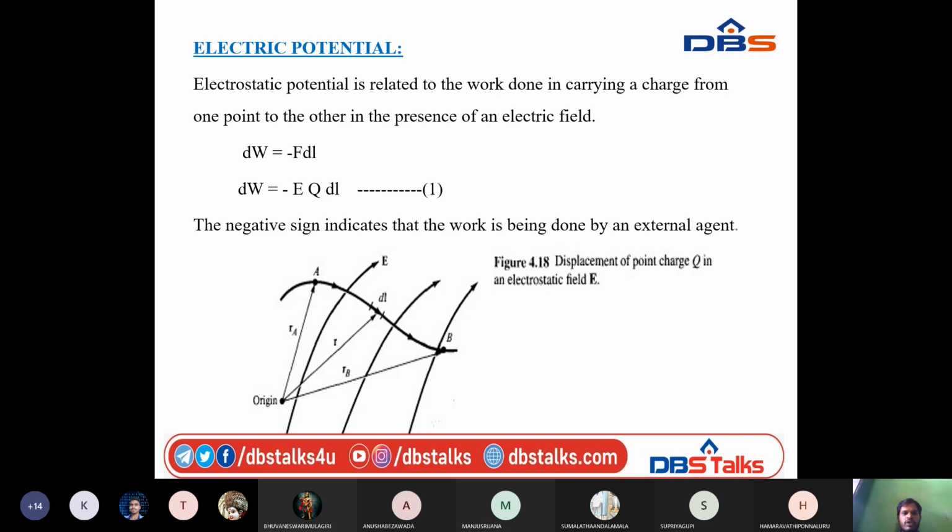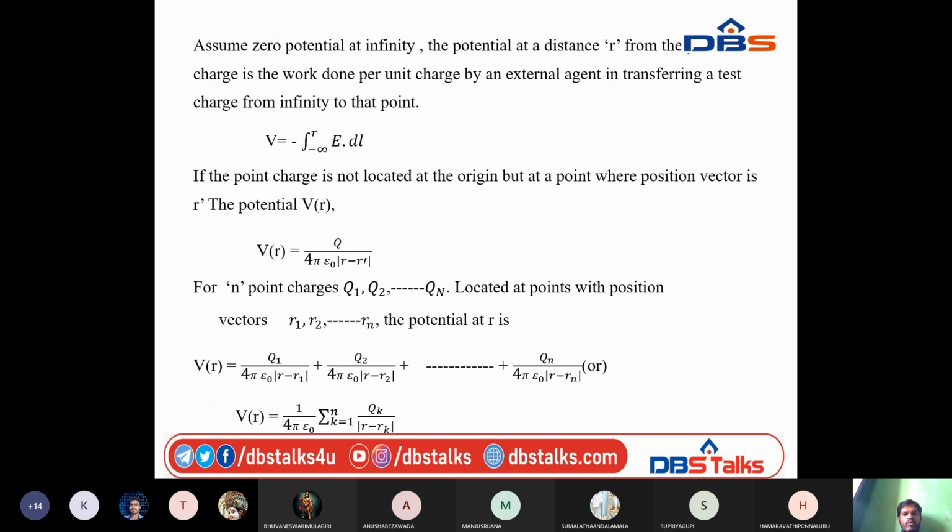Whatever it may be, there will be n number of charge carriers. Then my electric potential will take the form V(r) equal to Q by 4 pi epsilon times |r minus r'|. Let me extend this for n charged particles. For the first charged particle it is Q1 by 4 pi epsilon |r minus r1|. For the second particle it becomes Q2 divided by 4 pi epsilon naught |r minus r2|, and so on, up to Qn divided by 4 pi epsilon |r minus rn|.